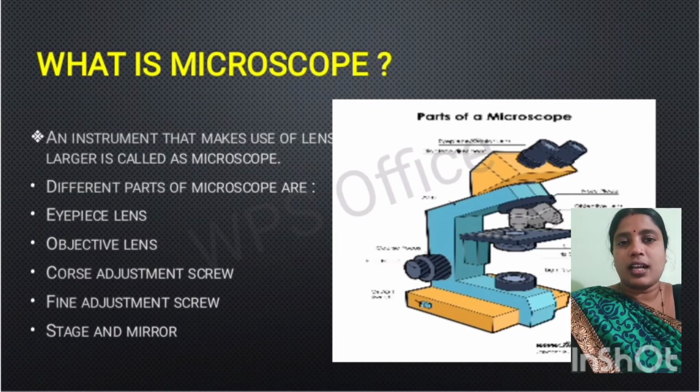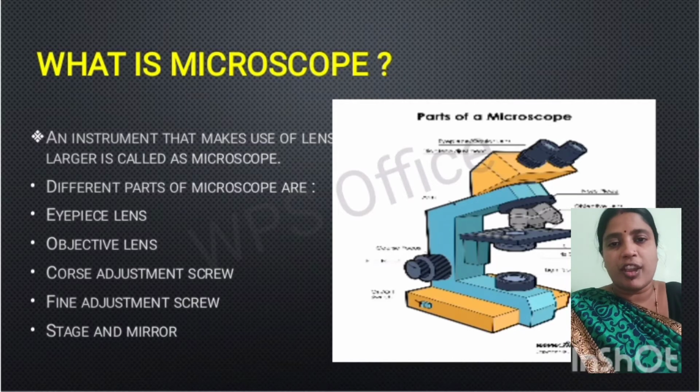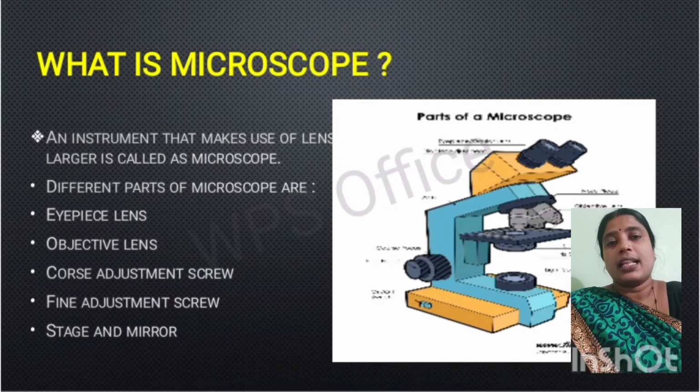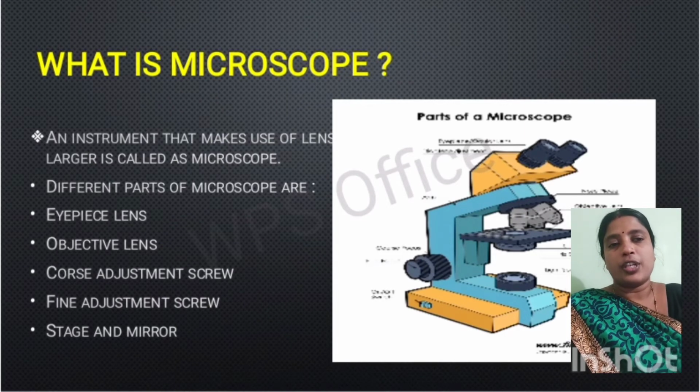What is the eyepiece lens? The eyepiece lens is the lens through which you observe any object. Then the objective lens is the lens which gives you a clearer, more focused image of that object.